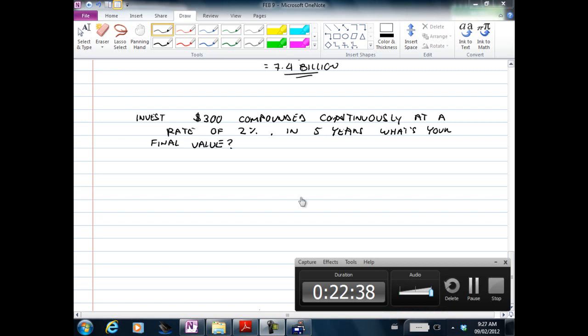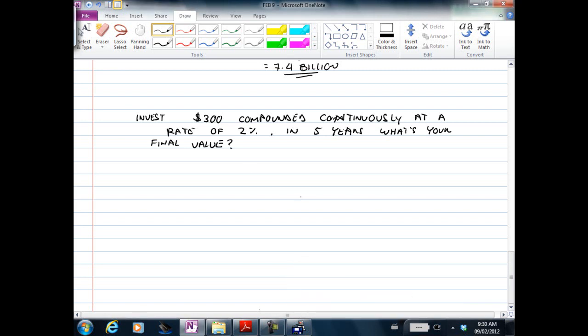To save time, guys, what I'm going to do is go e to the power k equals 1.02, ln both sides. K ln e equals ln 1.02. 0.0198. Now, sub it in, and once you do this, it's just a simple game of plugging it in.